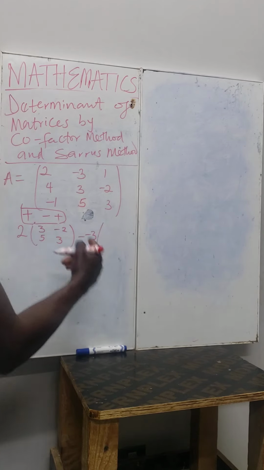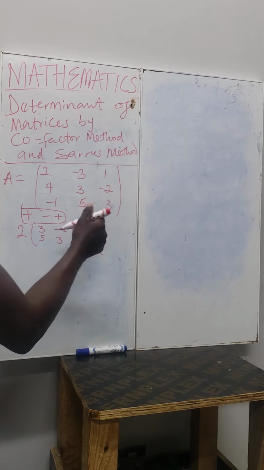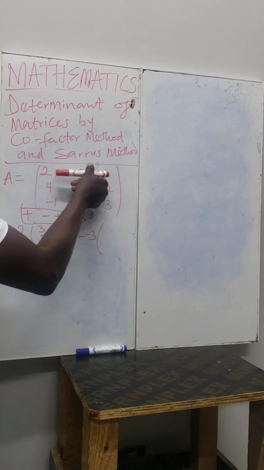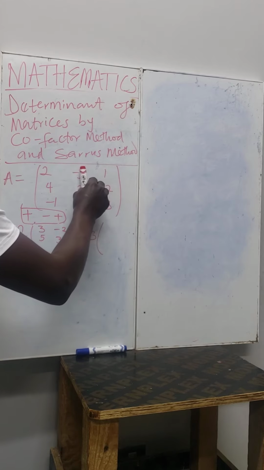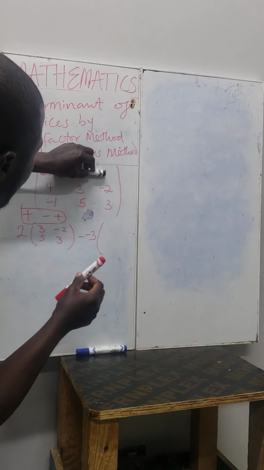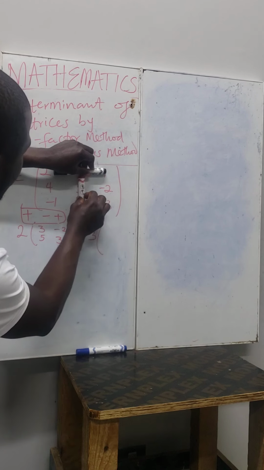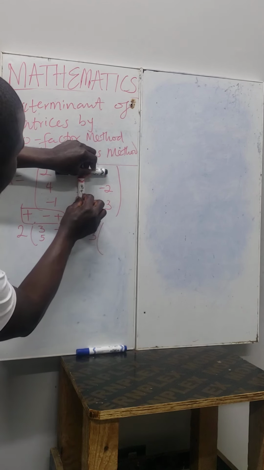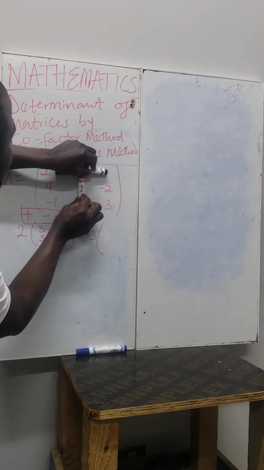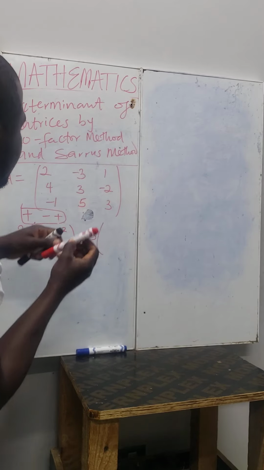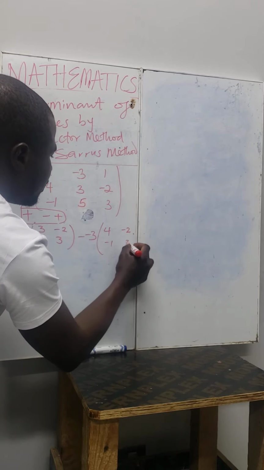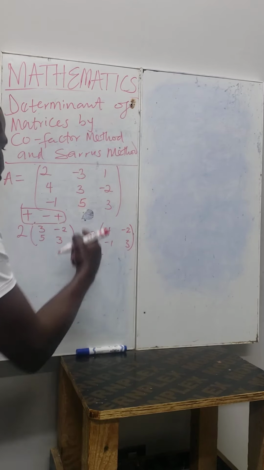So by the time we take minus 3 out, we are going to block all the elements along the same row with that minus 3, and other elements along the same column. Other elements I have, let us write them down. We have 4, minus 2, minus 1, 3. That is for the second one.